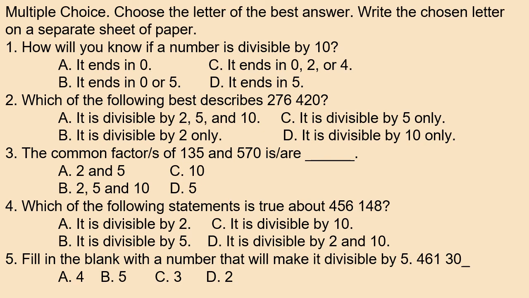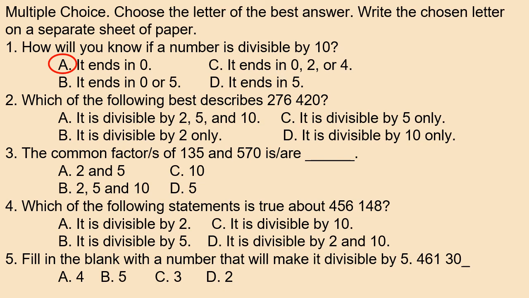Okay, so the correct answer is letter A. It ends in 0. Okay, correct. Number 2. Which of the following best describes 276,420? A, B, C, or D?